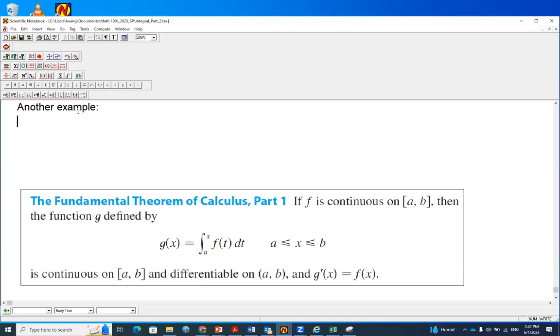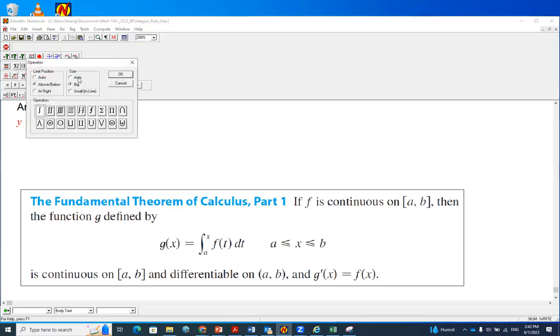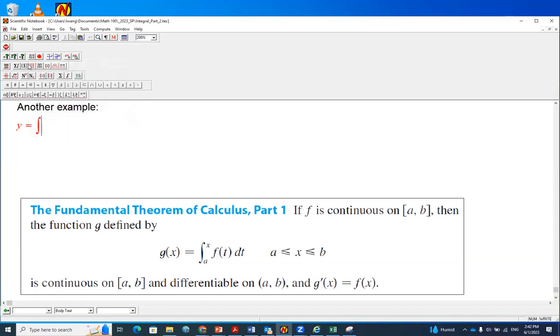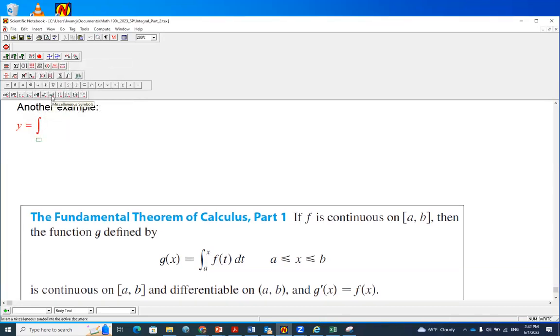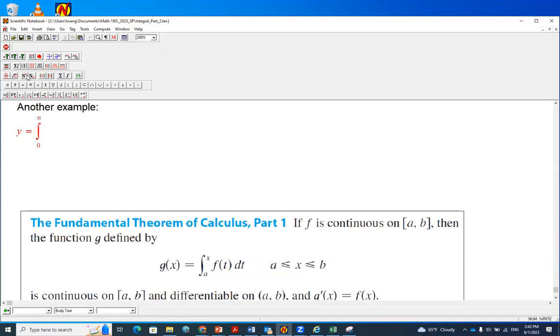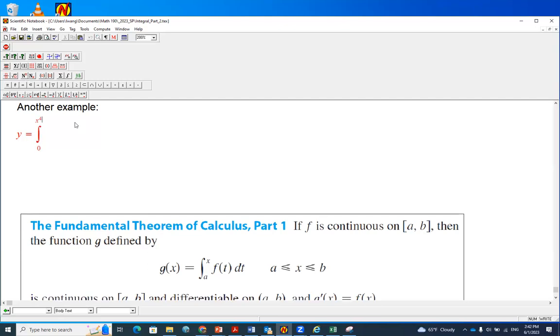Okay. The other example is y equals the integration from 0 to x to the power 4, and the function in consideration is cosine square theta, d theta.